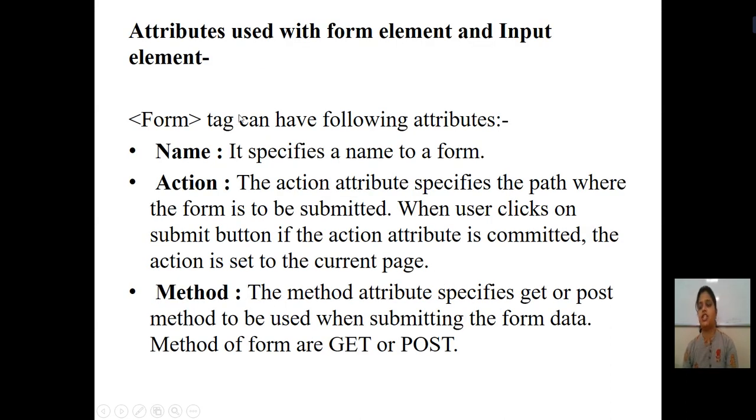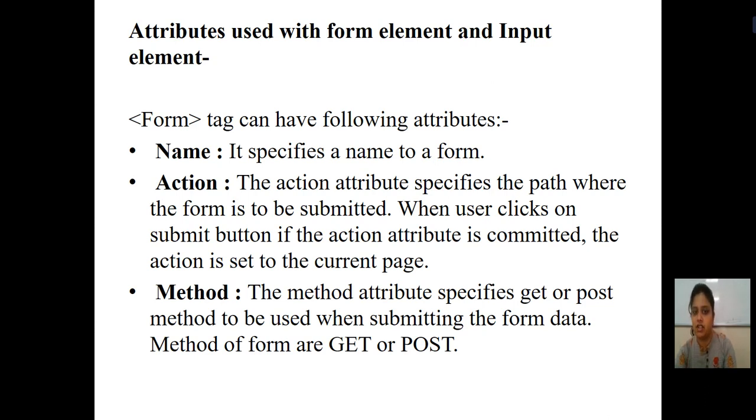Now students, we will see the different attributes that are used with the form tag, that is, attributes used with the form element and the input element. Which different attributes are used with your form element and the input element, that we are going to study at this point. There are three main attributes used with your form tag: name, action and method.